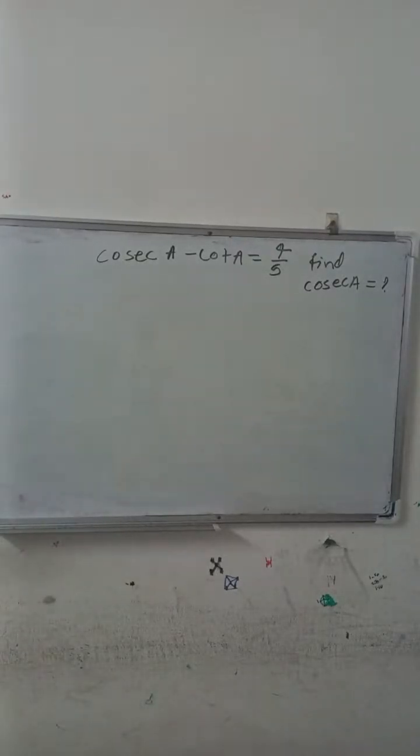Can we apply the identity? Think on these questions, otherwise I am solving and you are copying down. So how to solve this? I have a trigonometric identity, that is cot square A plus 1 is equal to cosec square A. And then cot is nothing but the square root of cosec square A minus 1.